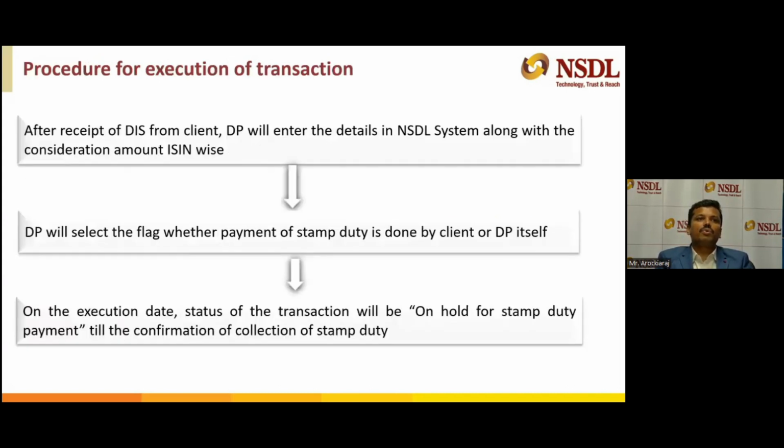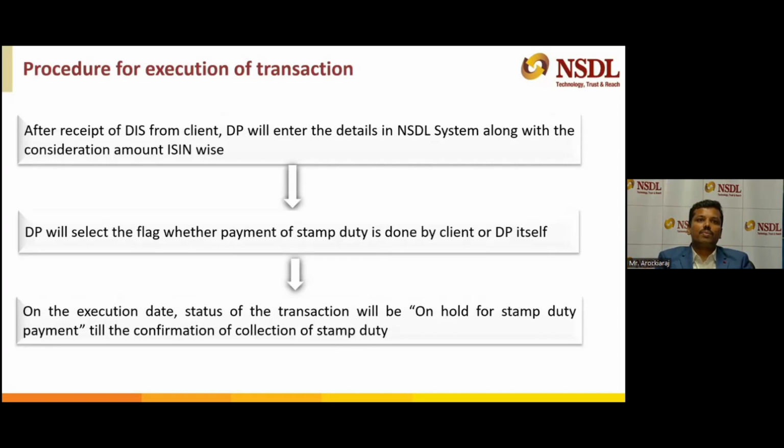Now let us see the procedure for execution of transaction. As informed earlier, the stamp duty shall be remitted to NSDL before executing the transaction in the NSDL system. Accordingly, after making the payment, the client may submit the DAS to the DP. After receipt of the DAS from the client, the DP will enter the details in the NSDL system along with the consideration amount ISIN wise.